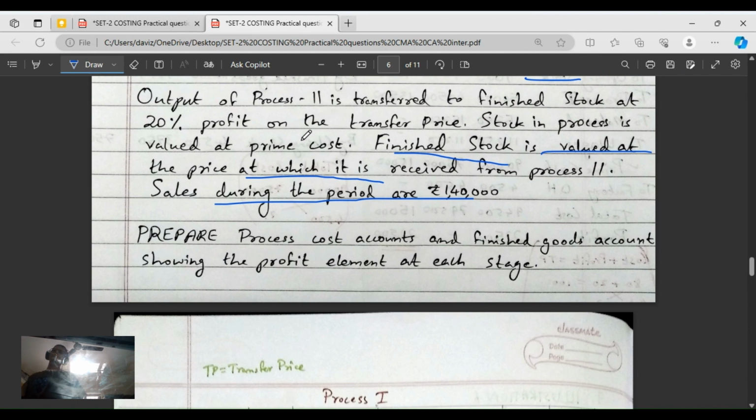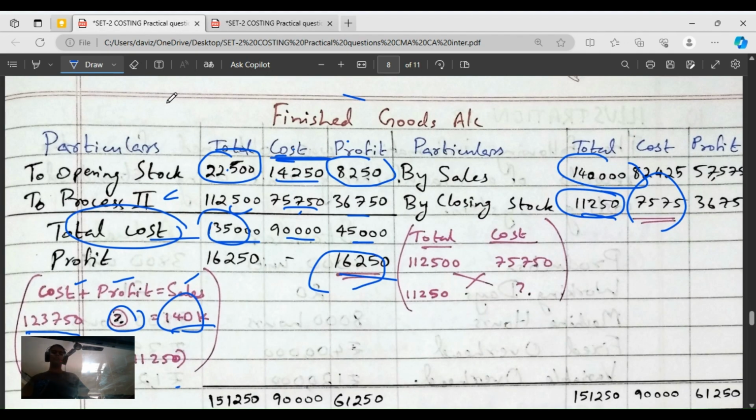The stock in process was valued at prime cost, but here the finished stock is valued at the price at which it is received from process 2. So by applying the mathematical application, we can find this: 11,250, the total closing stock, into 75,750 by 1,12,500.